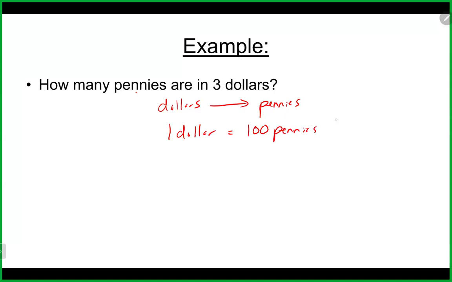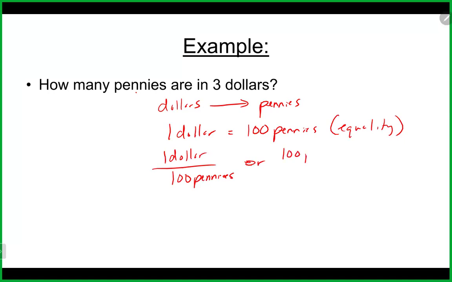And that will give us our equality that we could use. It gives us our two possible conversion factors, $1 over 100 pennies, or 100 pennies over $1. Starting with what was given to us, which is $3, we want to go opposite.